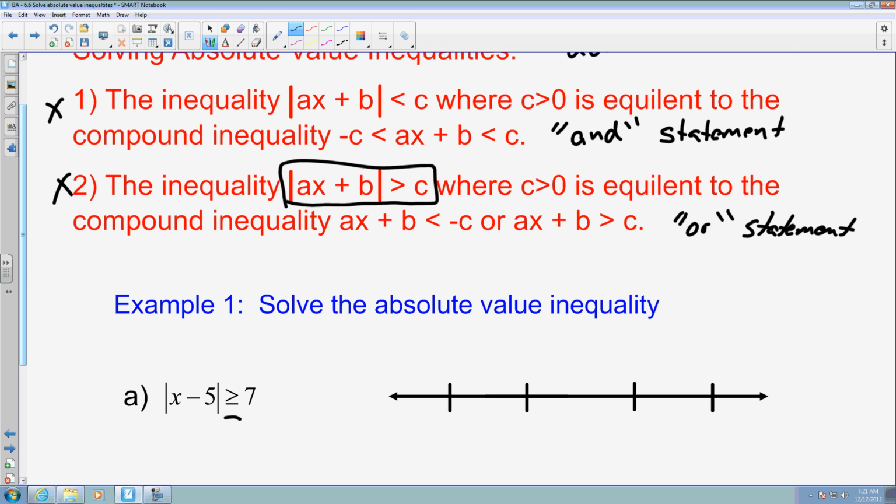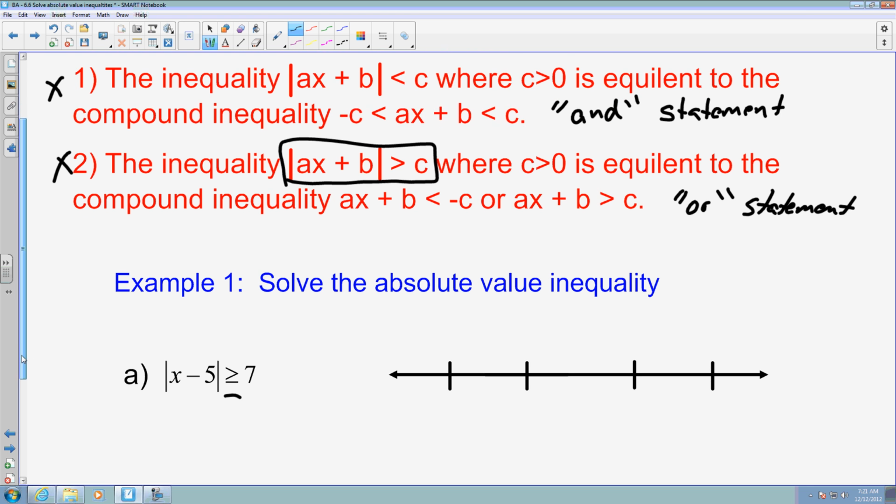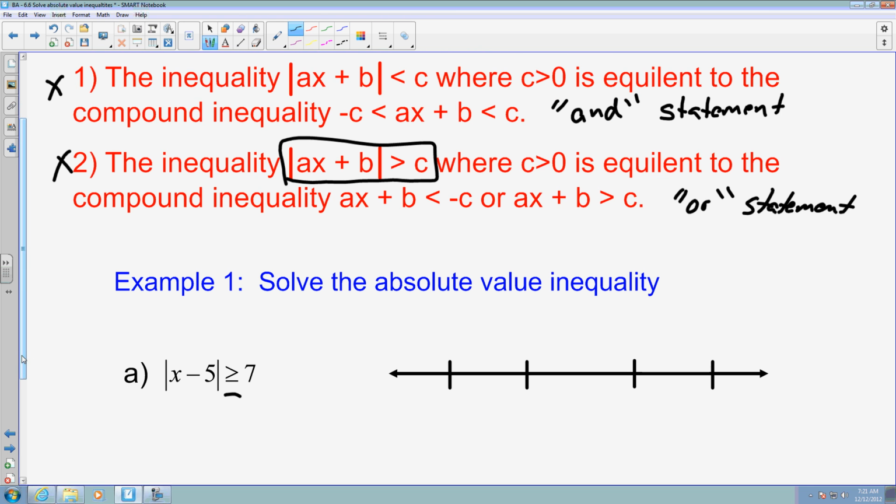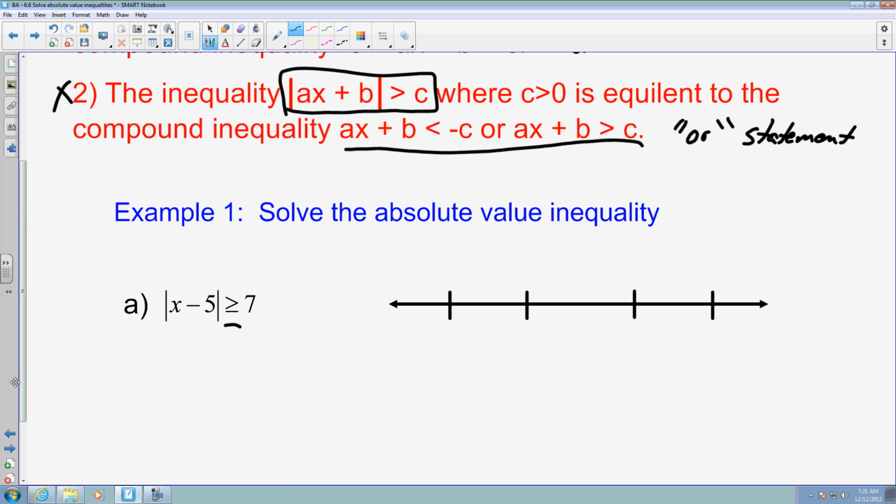So for A, it's going to look like an or statement. So that means that I have to use this general equation to help me out. Since I have my absolute value by itself on one side of the inequality, I can now substitute into this general equation.